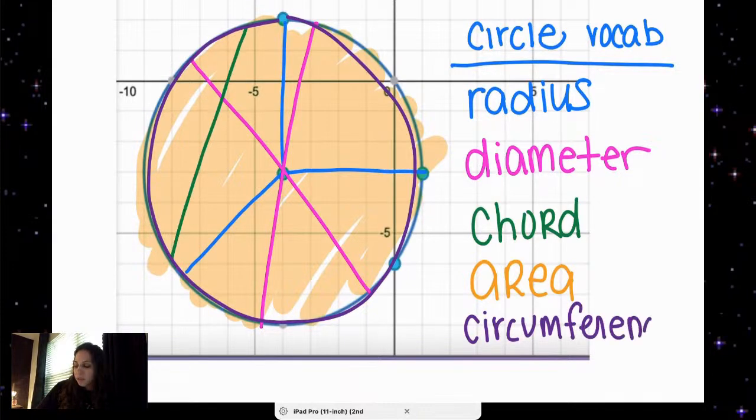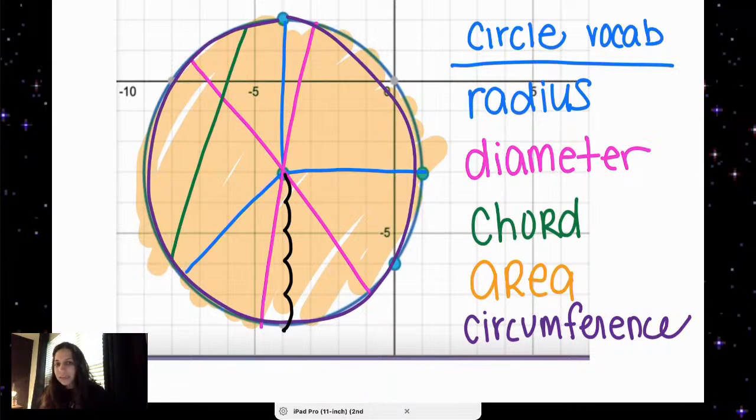circumference. So that said, when we look at this circle, what is the radius of the circle? Well, I'm going to literally count, because in this case I can, how many spaces from the center to the outside. 1, 2, 3, 4, 5. I am not going to count diagonals. I'm not going to go 1, 2, 3 and a half.